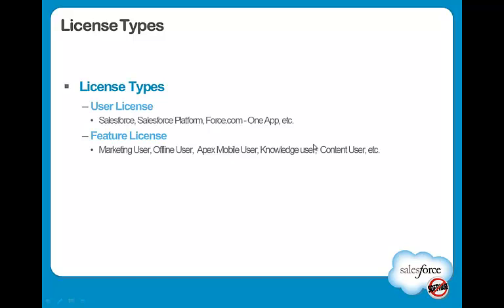Maybe I'll take only a couple of examples here. Let's see. There is a user license called Salesforce. There is one more called Salesforce Platform or Force.com One App. So these are some of the examples related to the user licenses. If you want to compare the difference between Salesforce and Salesforce Platform, Salesforce user license is a full license that would give access to the Salesforce out of the box features, the CRM features which are available.